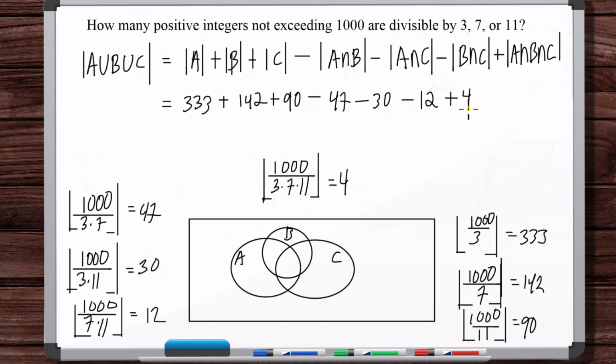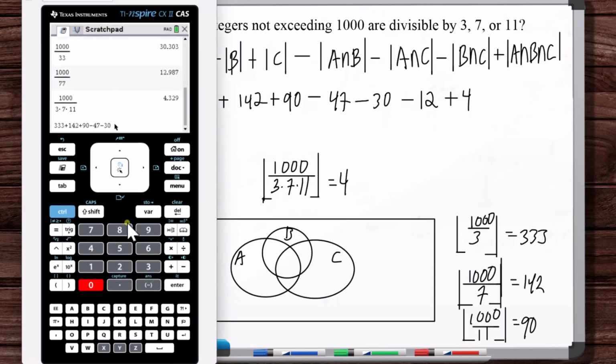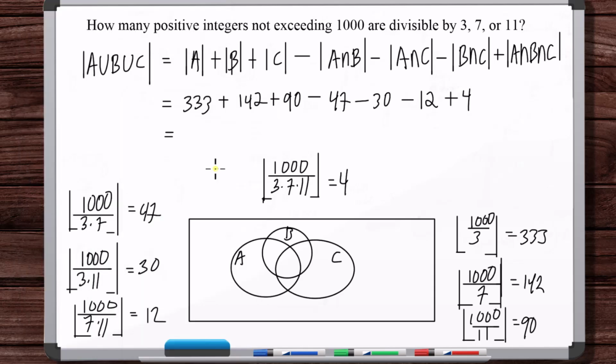And that's it. We're looking for A union B union C. We're not trying to subtract it out. So, all right, 333 plus 142 plus 90 minus 47 minus 30 minus 12 plus 4 is 480.